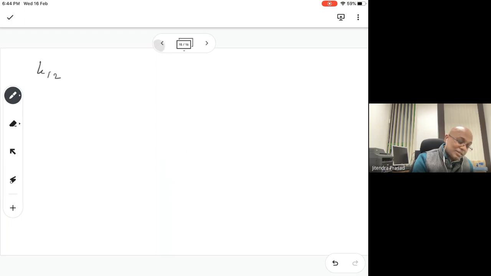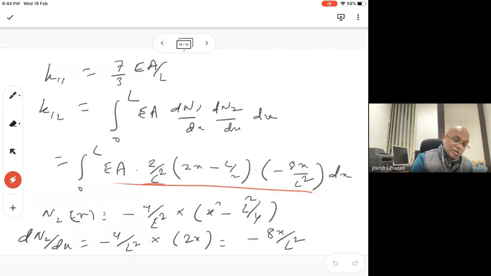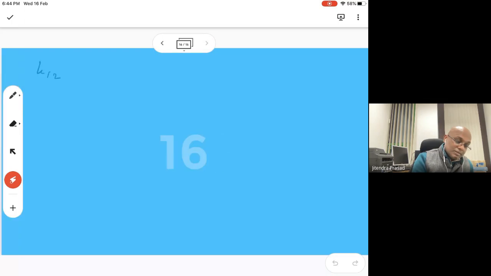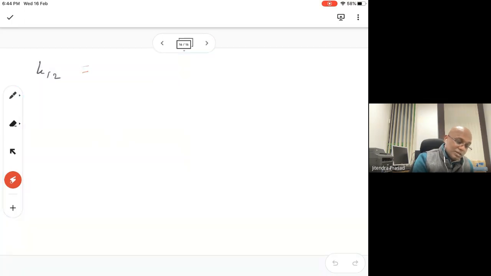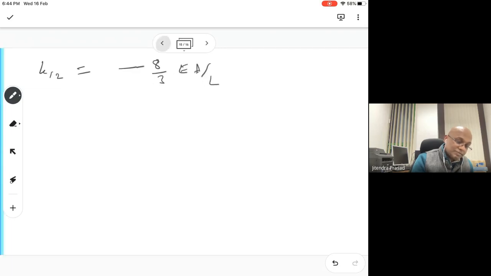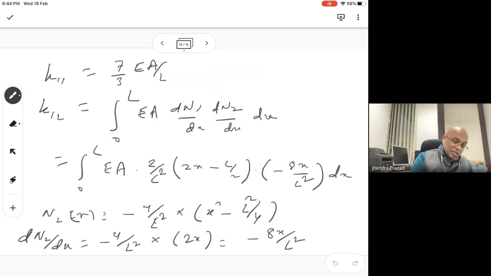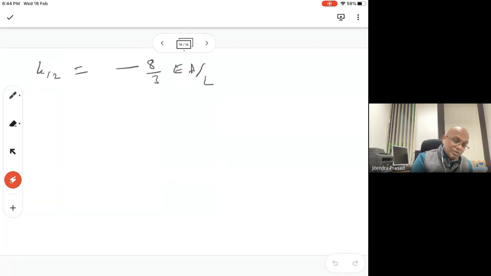If you integrate that, K12 will be minus 8 over 3 EA over L. So you just have to integrate this one, and you will get this value, minus 8 over 3 EA over L.